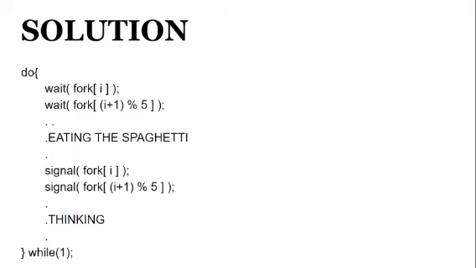Then the eating function is performed. After that, the signal operation is performed on fork i and then on fork (i plus 1) modulus 5. Now what does this mean? This means that philosopher i has eaten and put down the forks on his sides. Then the philosopher goes back to thinking.